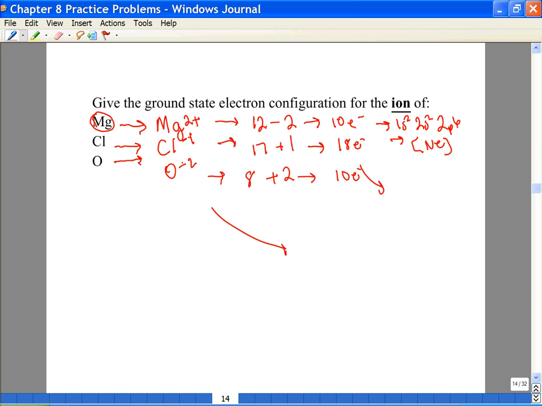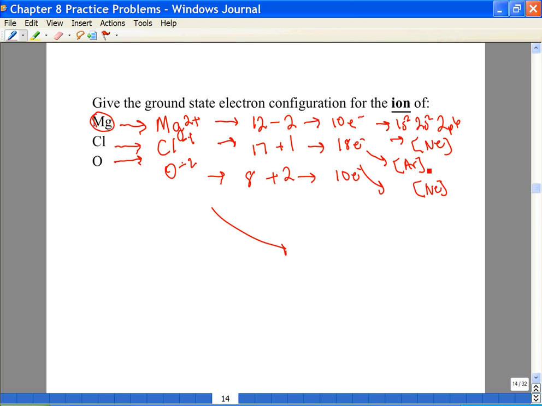And in the end, all of these are going to look like the noble gas that it's trying to achieve the same electron configuration of. This is going to be argon.